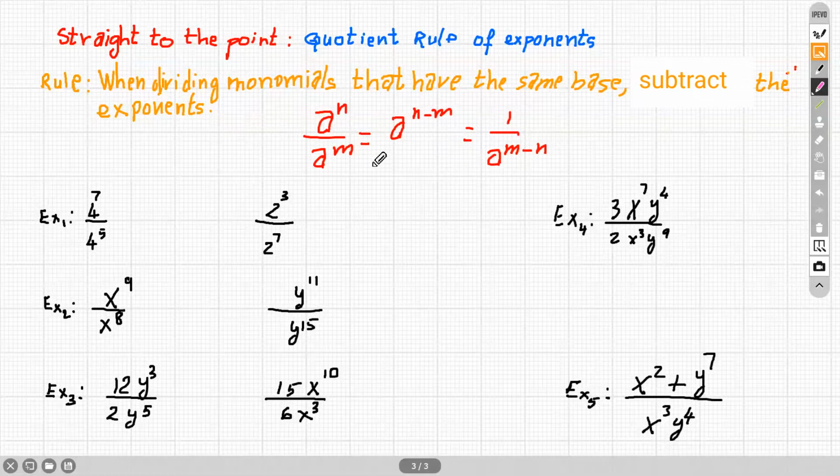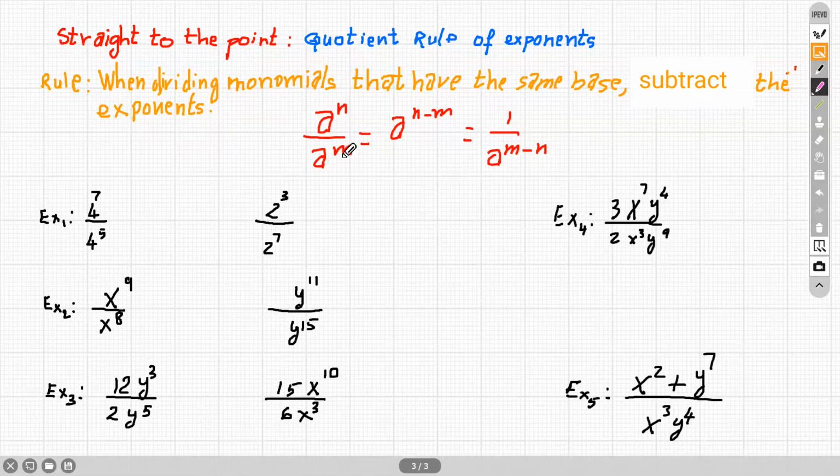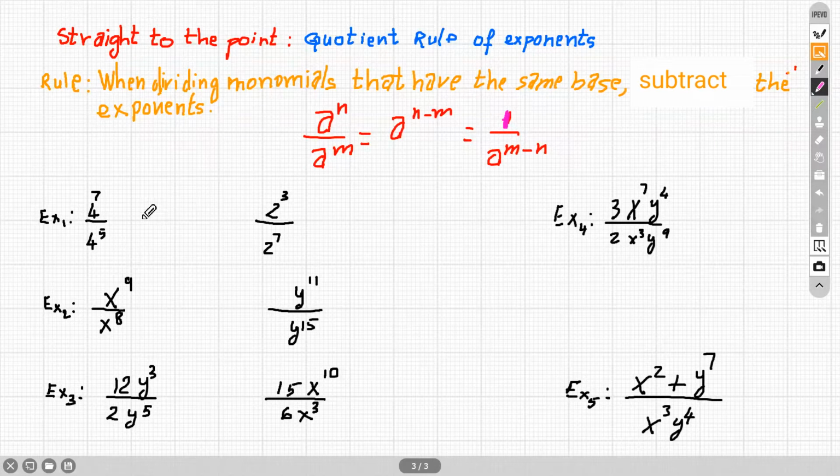It just depends on whether you are moving the exponent m to the top, or moving the exponent n to the bottom. And if there's no more value at the top, then you put 1 there to hold its place. To keep this video short, I will keep moving forward.